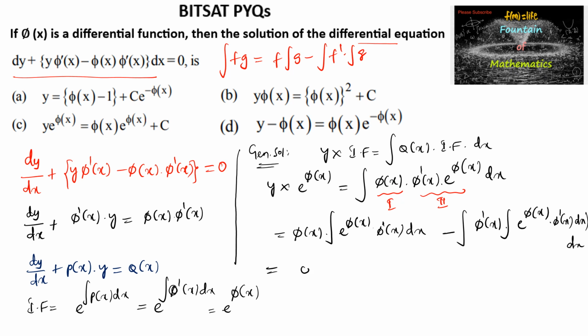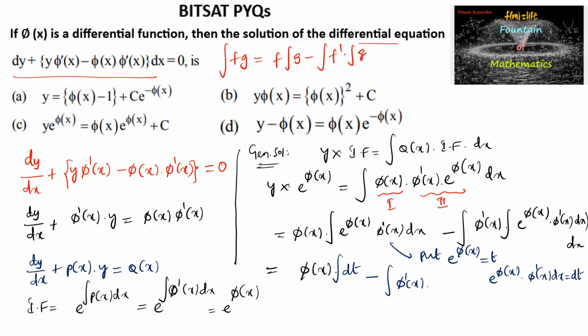which is equal to pi of x into, and here let us substitute e to the power pi of x is equal to t. So we get e to the power pi of x into pi dash of x dx is equal to dt. So we can write integral of dt minus integral of pi dash of x into, and again this integral is same as dt.